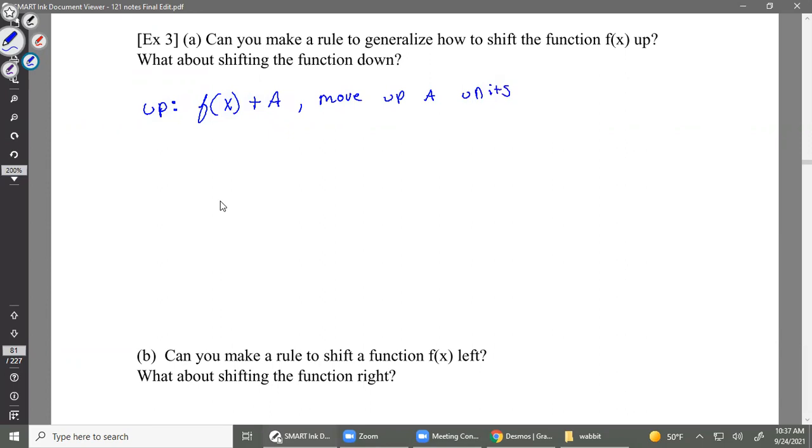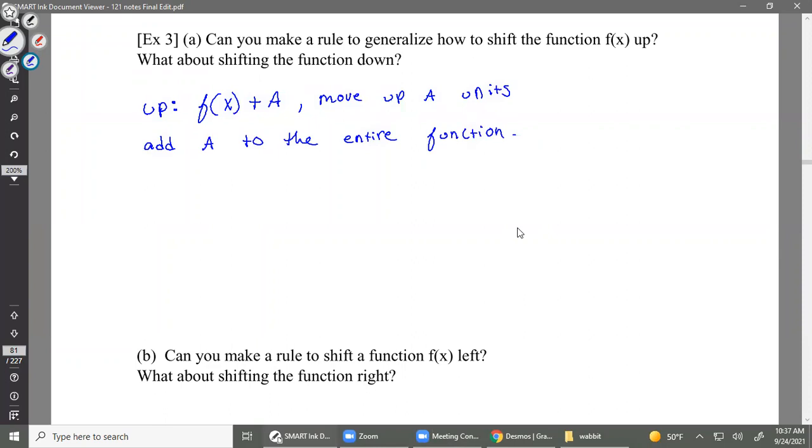We can also write this another way, less algebraically, using words: we're going to add a to the entire function, or add that number to the entire function to shift it up or down.